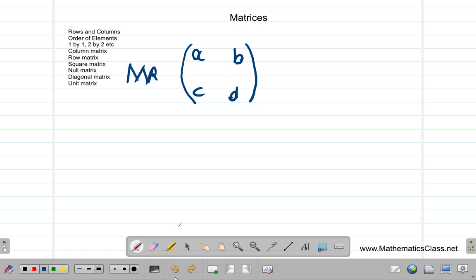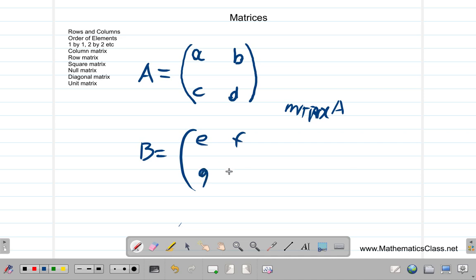No, you use one letter only. So this matrix has the name A, and A must be uppercase. So when you write matrix A, you know that this is the matrix we're talking about. Matrix B is another matrix. E, F, G, H are the elements in matrix B. So that is a different matrix. You see that?